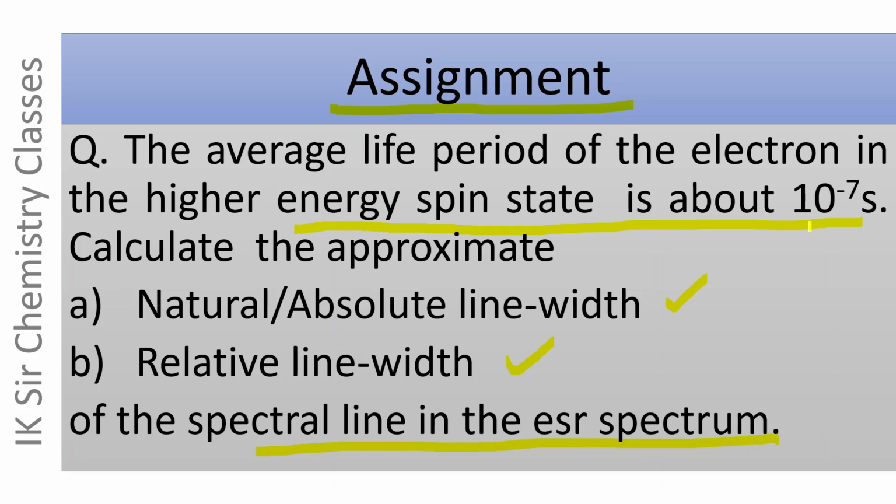The average life of the electron in the excited spin state, that is ms equals plus half, is 10 to the power minus 7 seconds. Then we have to calculate the natural line width and relative line width of the ESR spectral line.